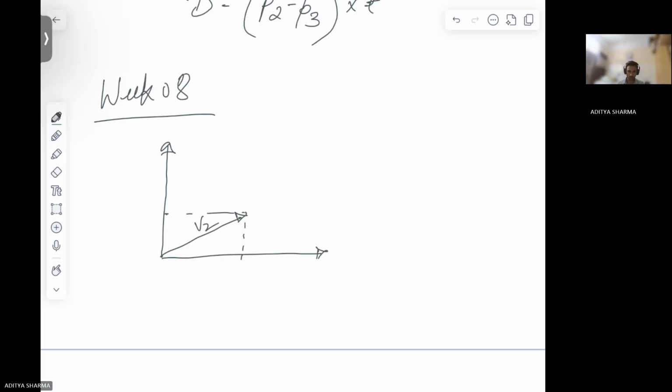So across the shock, if this is V2, then the X and Y components are like this.